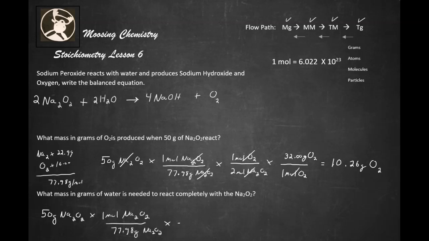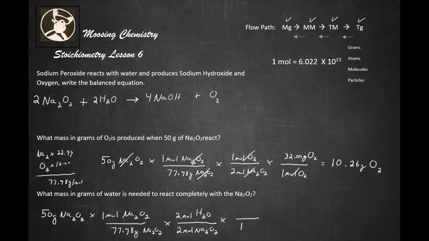That's our flow path. So we're going to go ahead and do this. And so we will put, what is the molar relationship? Well, we've got 2 moles in the bottom here because that's how many moles in the balanced equation we have. Okay, and then we're going to have how many moles of water? We have 2 moles of water. So when we have 2 over 2, that's like saying 1 over 1. But to keep it clean, just do it this way.